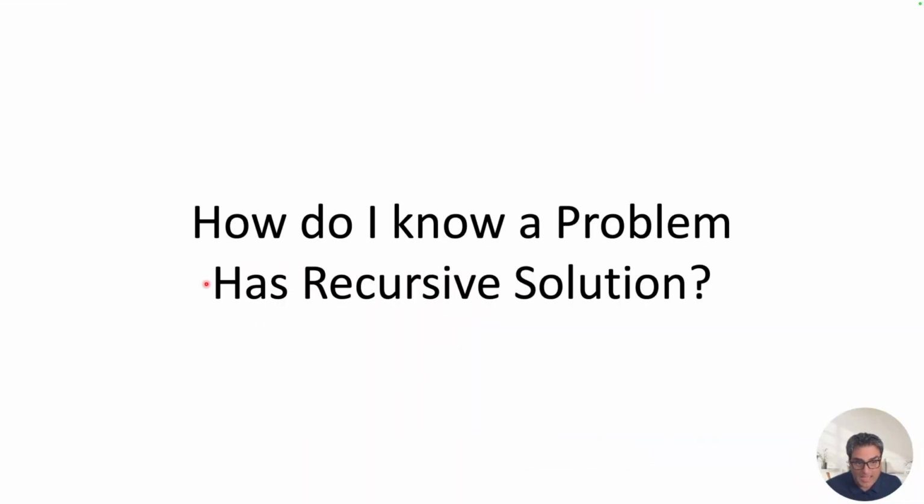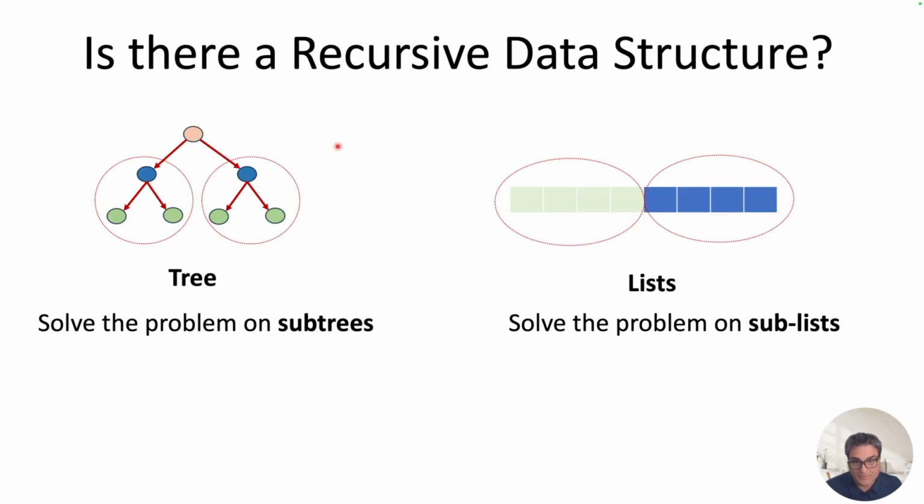All right, moving on. How do I know a problem has a recursive solution? I'm given a problem, maybe in a job interview, maybe at work, and I need to know how to solve it. How do I know it has a recursive solution? There are a few techniques that you can apply to see if there is recursion involved. The first thing is to see if there's a recursive data structure involved. What is a recursive data structure?